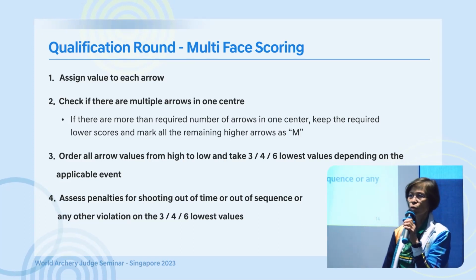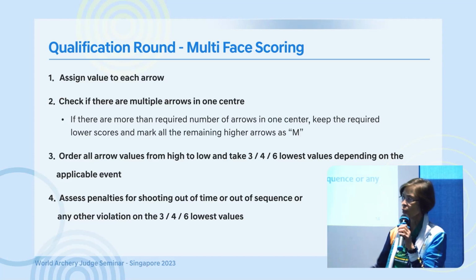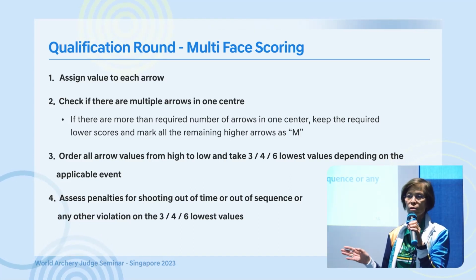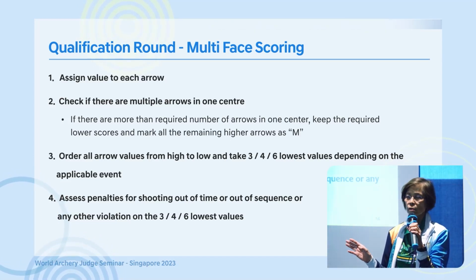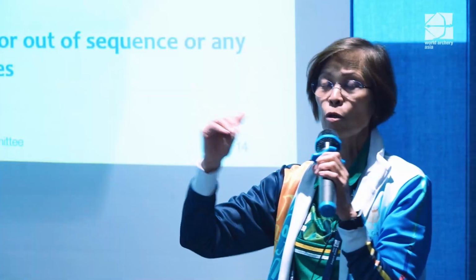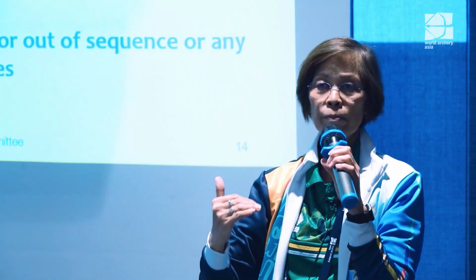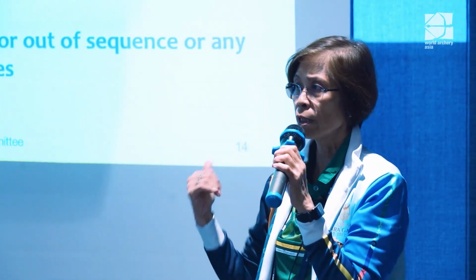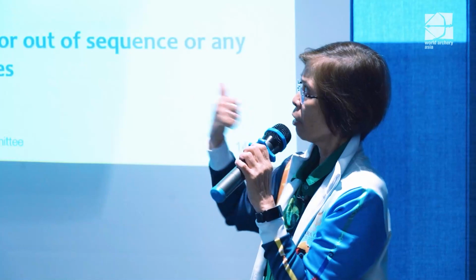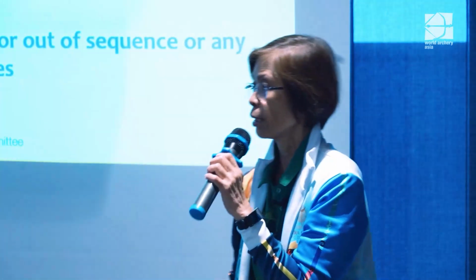And if for some reason they shot out of time or out of sequence, what do you do? Cross over the highest score. So that is your procedure every time you look at a multi-phase scoring situation where there is not a normal 1-1-1.